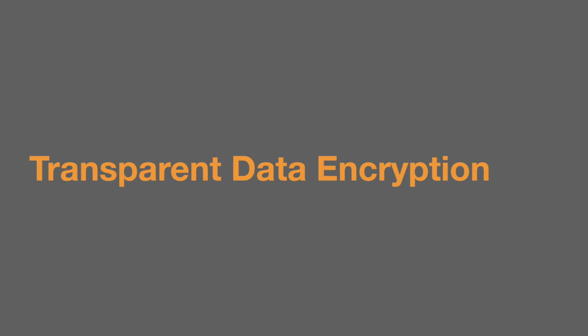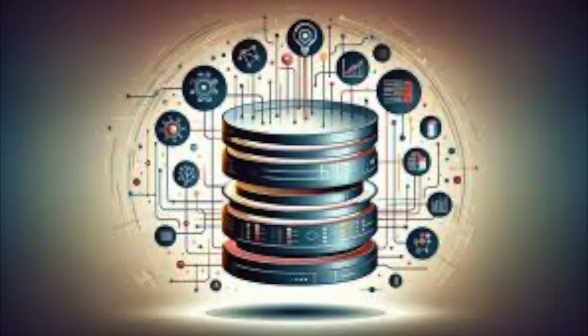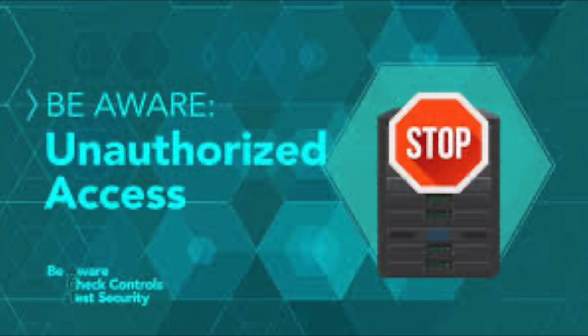So if you don't know, transparent data encryption is used to encrypt the entire database at rest. Okay? And in this case, the entire Azure SQL database would be secure. And it protects it from unauthorized access to the physical storage.